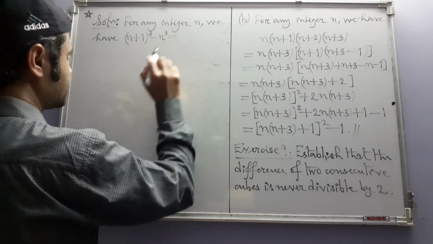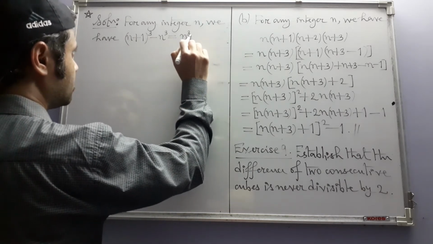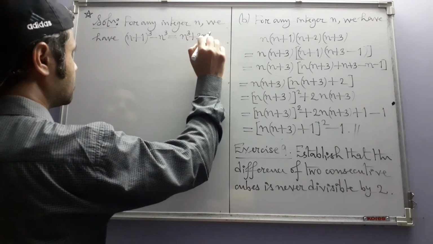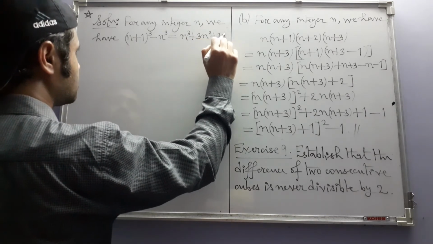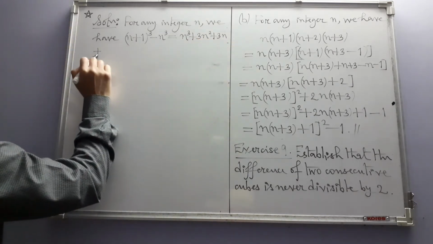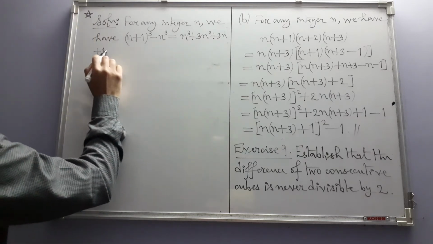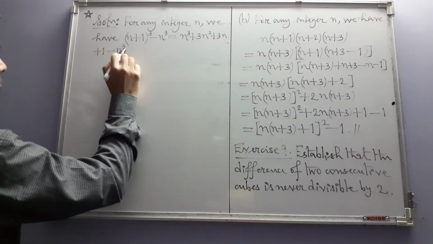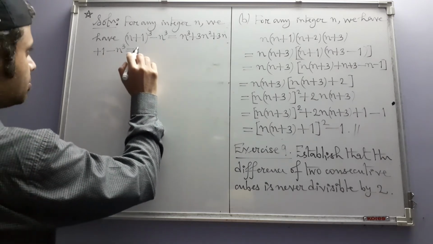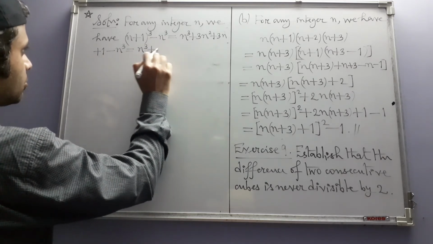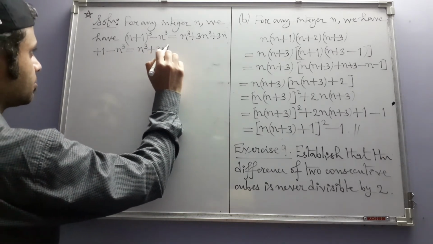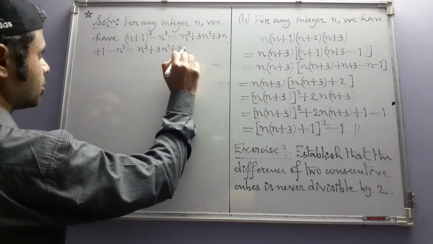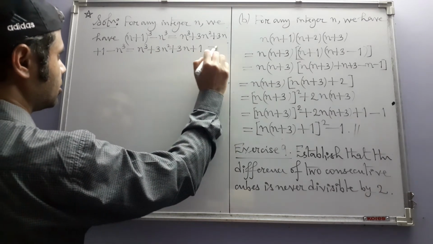So if we expand this, we get n cube plus 3n square plus 3n plus 1 minus n cube. So that means 3n square plus 3n plus 1.